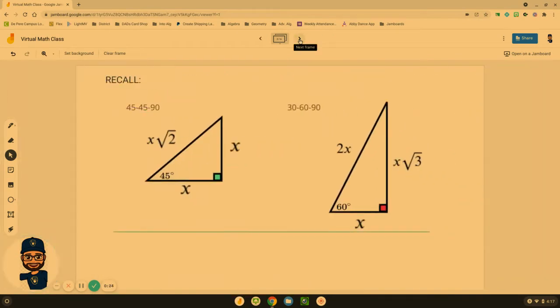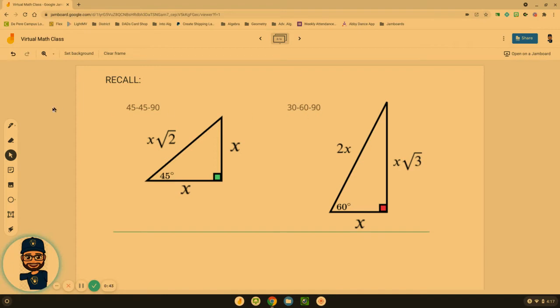Recall from our previous video that we do have indeed two special right triangles. A 45-45-90 triangle where the two legs are going to be the identical x and x, and the hypotenuse is going to be x times the square root of 2.